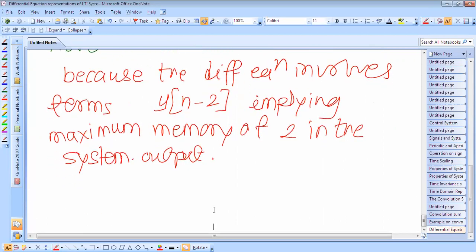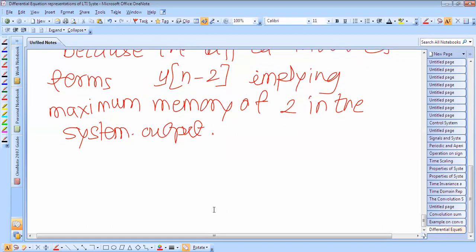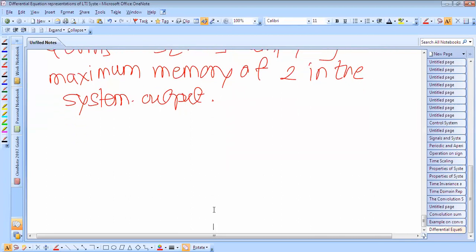So in this way we can identify the order of the system depending upon the terms involved in the equation which gives the relationship between input and output.